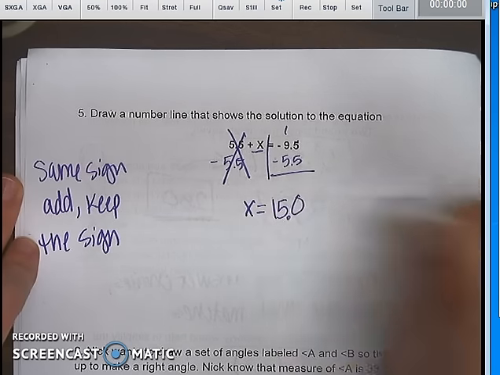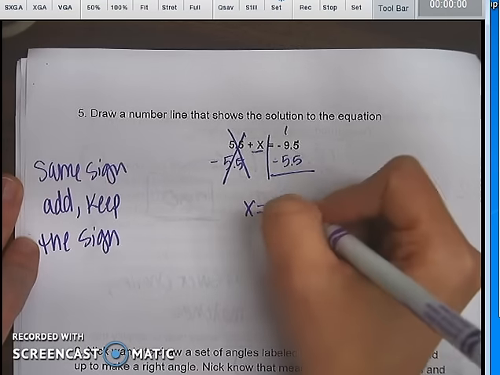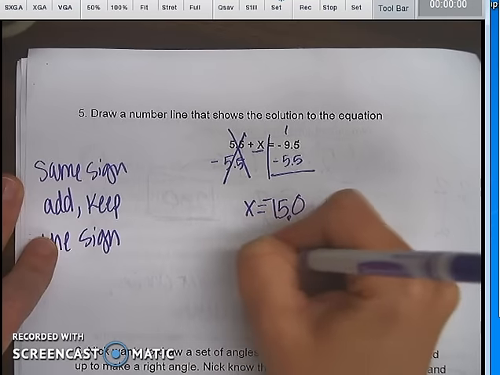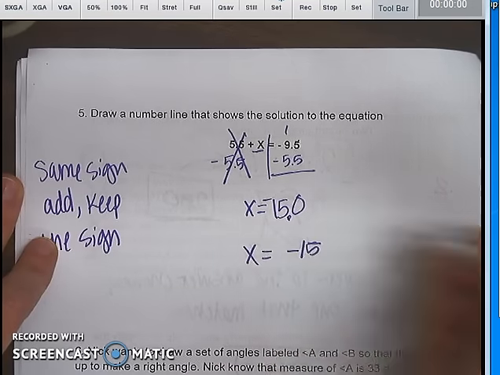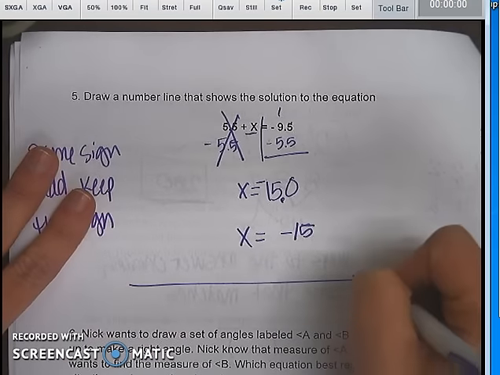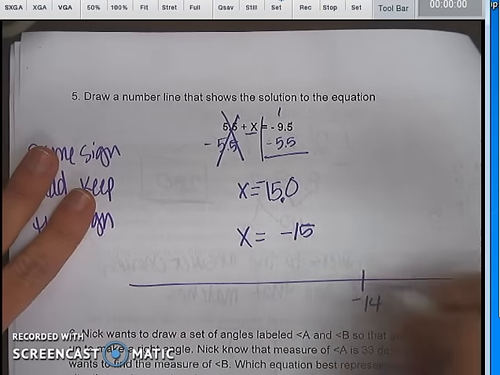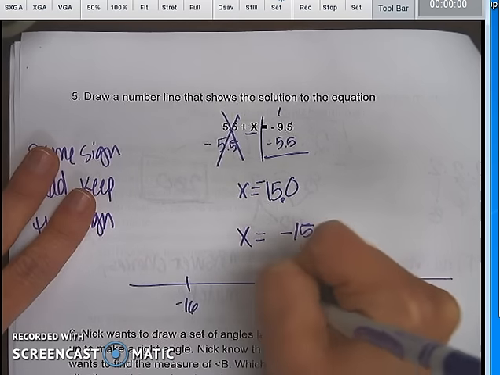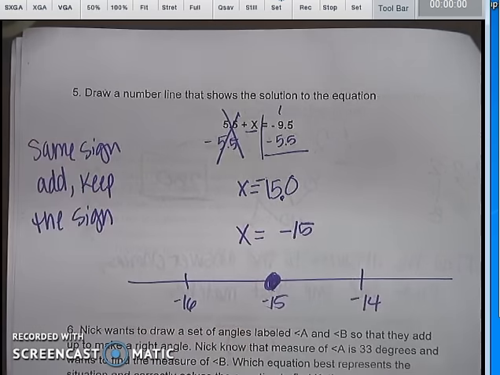Bring that decimal straight down. Same sign, keep the sign. So x equals negative 15. It says to draw a number line, so put it on a number line. You have negative 14 here, negative 15 here, negative 16 here.